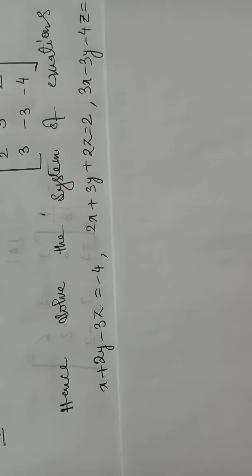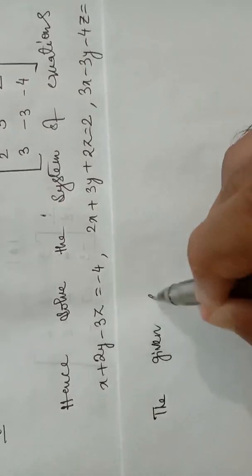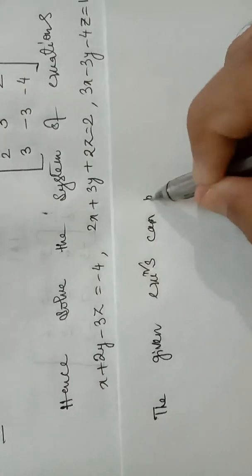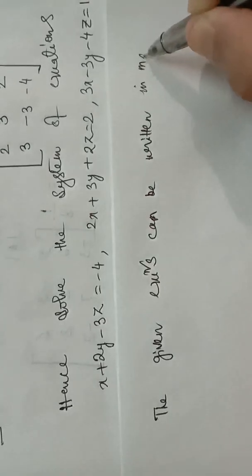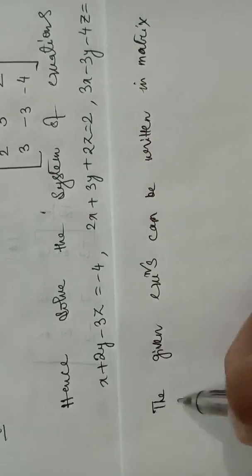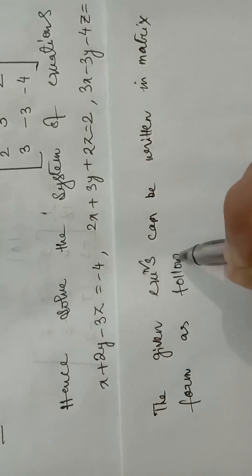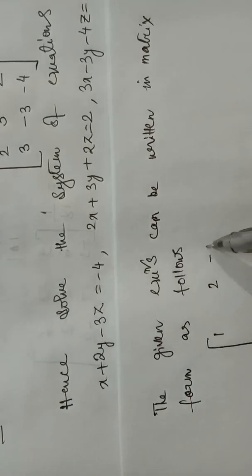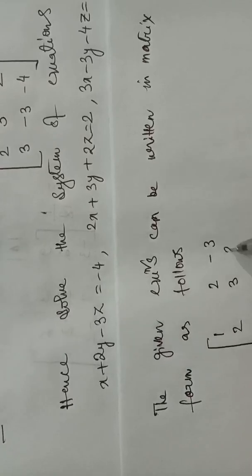The given equations can be written in matrix form as follows. So 1, 2, minus 3, these are the coefficients in the first equation. 2, 3, 2, these are the coefficients in the second equation. 3, minus 3, minus 4.